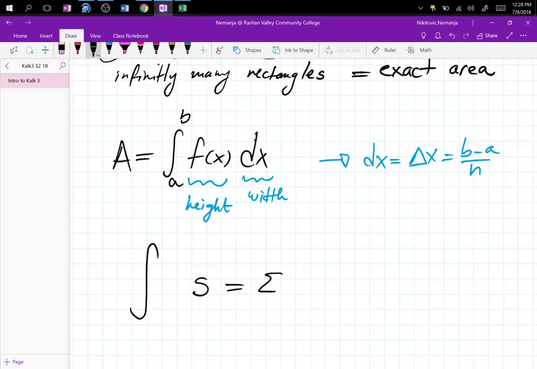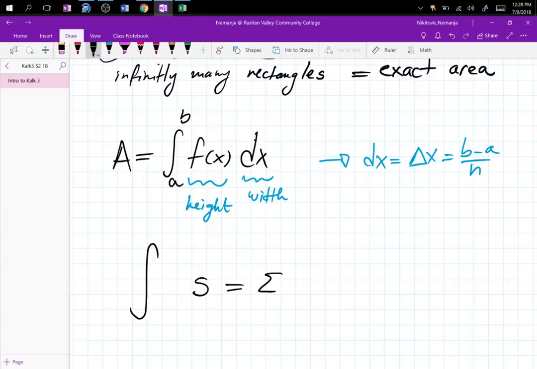Now that dx is the one that actually has a and b divided by n, and that n goes to infinity. So when you go from 3 to 5, this is 2. 2 divided by infinity is infinitely small. So how wide is each one of your rectangles? It's infinitely thin.